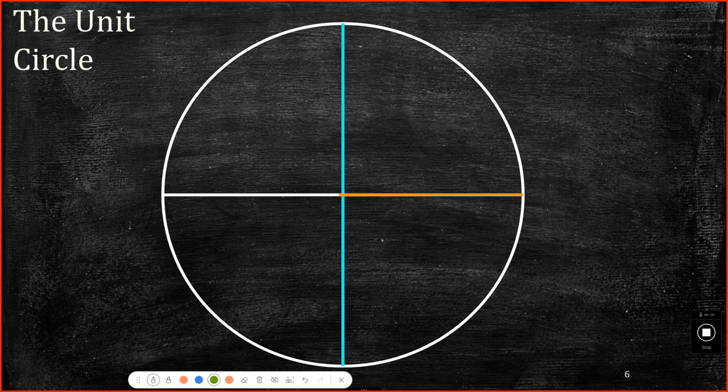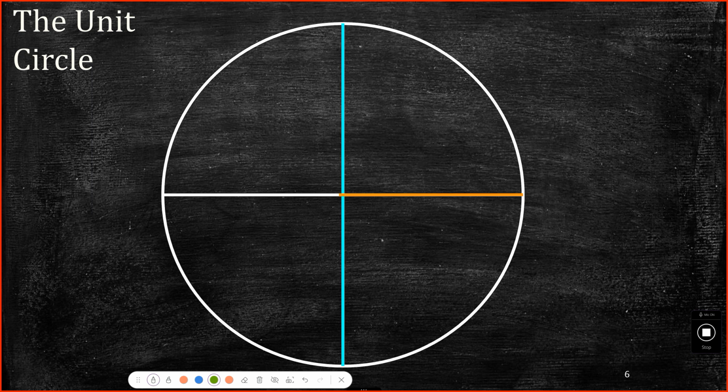So draw a circle as best you can, and I'm going to derive all these numbers around the circle. First, you have to believe some truths about this that I hope you believe.